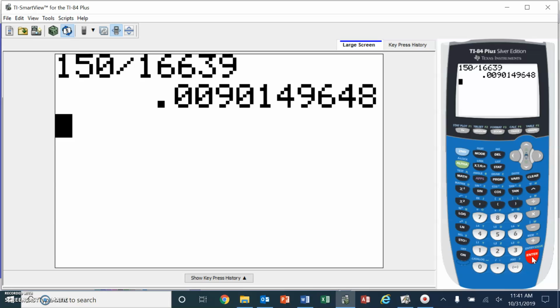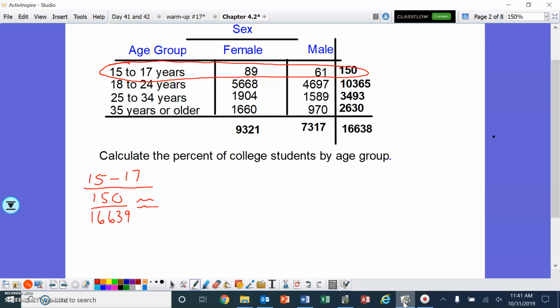Okay, so we're going to go 3 decimal places on this one, so 0.009. Now, if we change that to a percent, remember, multiply that by 100, so this would be 0.9%. Okay, that is less than 1%. So less than 1% of students go to college that are 15 to 17. There are some, but not that many.